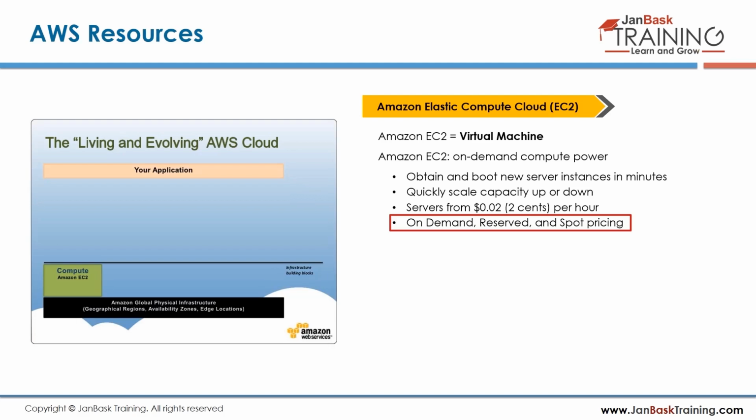Let's reduce it to 60 cents. Nobody is taking them. Let's reduce it to 10 cents. When it's 10 cents, maybe 30 people want that. Rather than paying the regular rate of $1, you can pay only 30 cents for an hour. So that really reduces your price, helps you scale quickly, and saves you money.